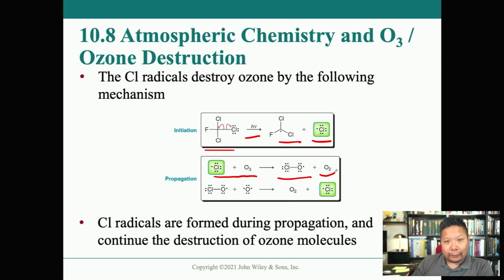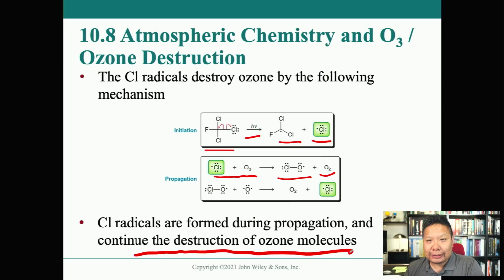Chlorine radicals are formed during propagation and continue the destruction of ozone molecules. The reason why ozone is better at absorbing the UV than the CFCs are is because once the CFCs do the homolytic cleavage and then they chlorinate one of the oxygens, they don't become CFCs again to be able to absorb more UV light.